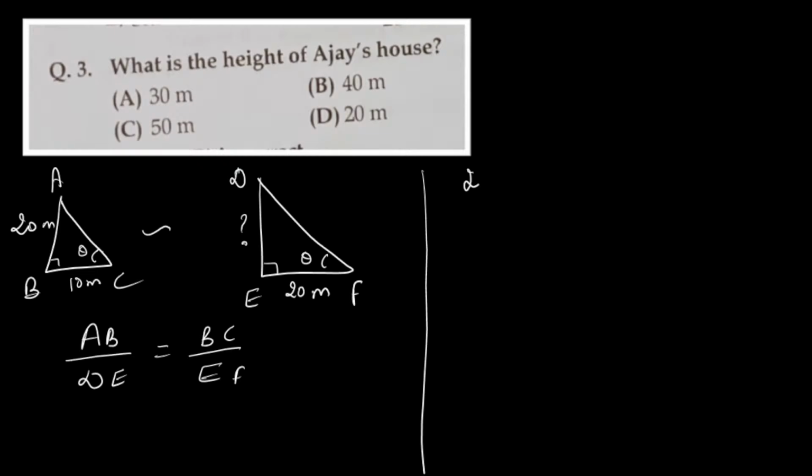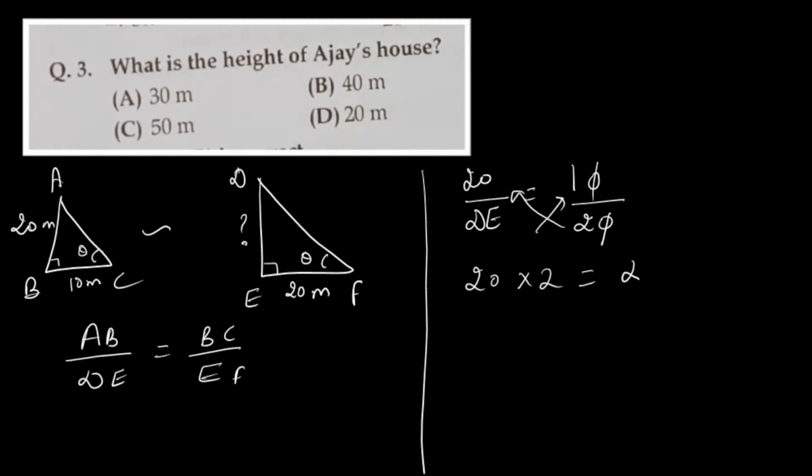AB's value is 20, DE we have to find, the height of this person's house. BC is 10 and EF is 20. Can do cancellation and cross multiplication. So 2 into 20 is equal to DE into 1, which is DE only. So what is the height of this person's house? 40 meter. DE is equal to 40 meter. So option B.